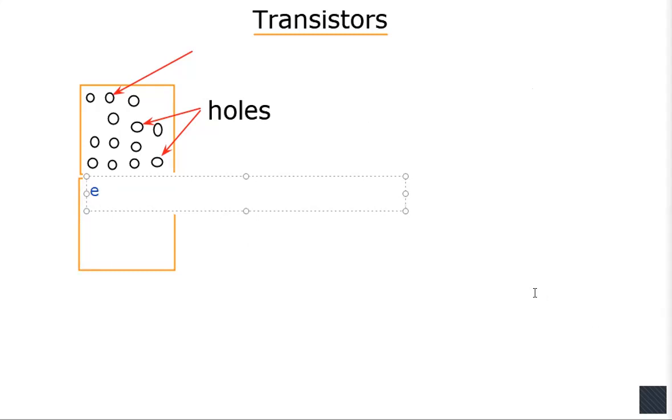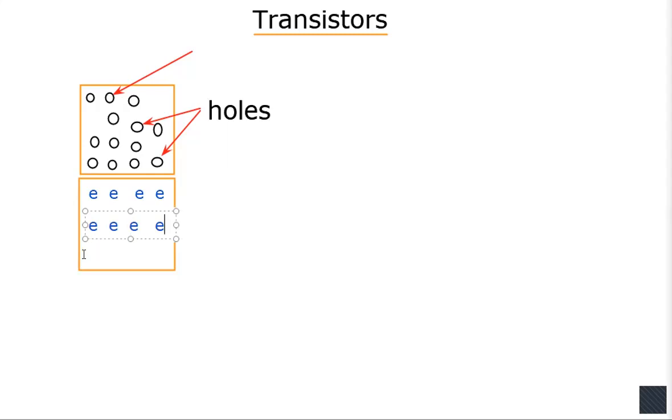Electrons will be there. But what do I want there? I want another kind of semiconductor to make a transistor. So my question is how to obtain another kind of semiconductor here. One is N, the other one is P.